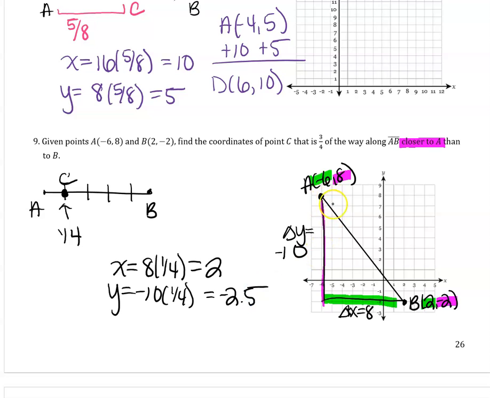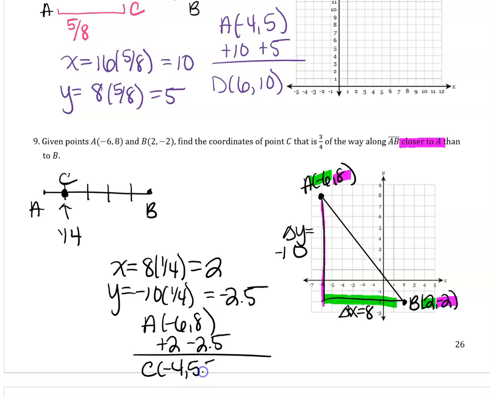Okay, now remember, it's from A here that I figured this out. So from A, which has the coordinate of negative 6, 8, I'm going to add 2 to my x's, but subtract 2.5, and that's how we land with our coordinate C being at negative 4, 5.5.